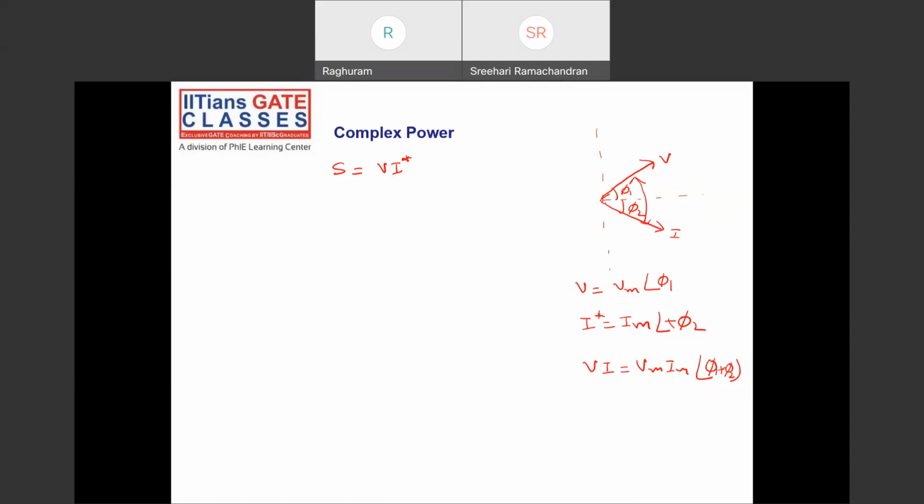So phi 1 minus phi 2 will be somewhere like this, and that is not the actual angle. To get the actual angle, we take I conjugate. You can take V conjugate also, but usually V will be our reference, so we don't take V conjugate, we take I conjugate.